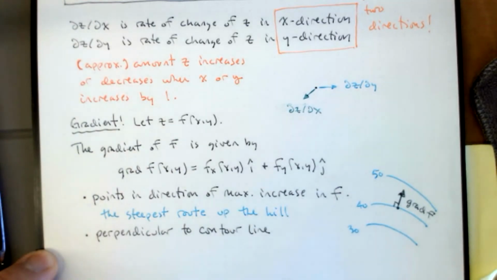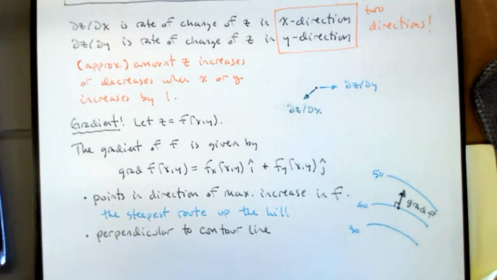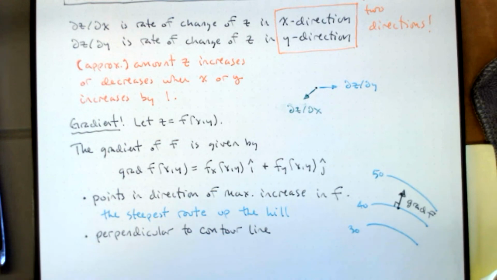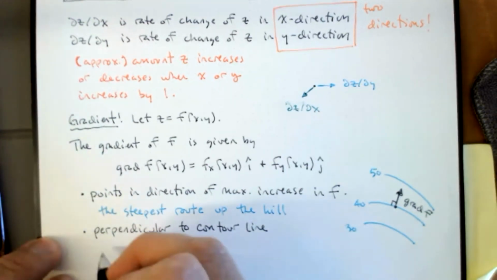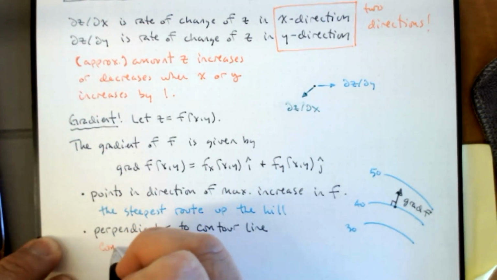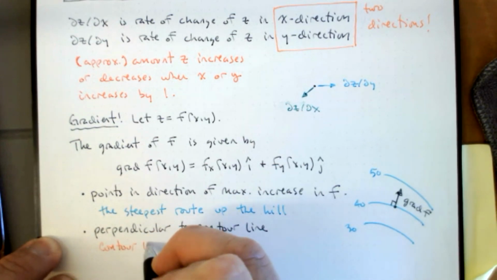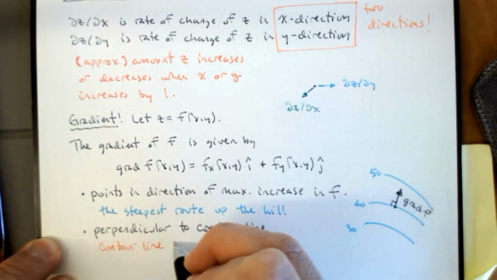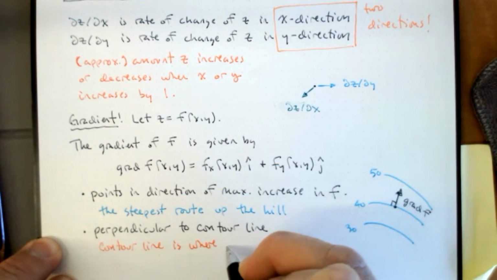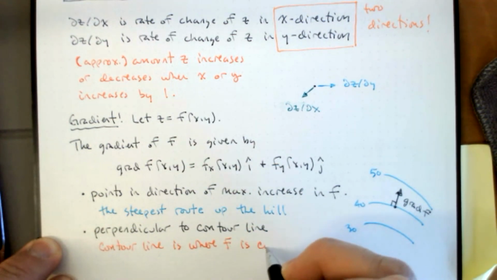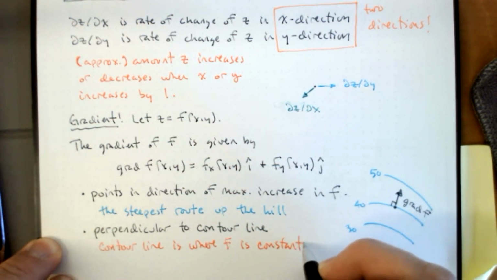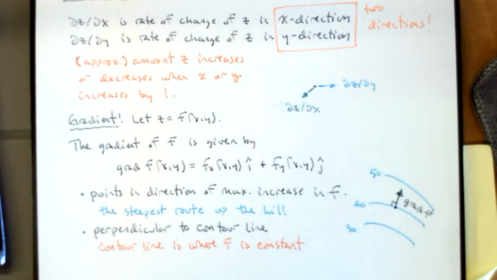This is perpendicular to the contour line. This makes perfect sense. The contour line is showing us where the function isn't changing. The contour line is where the function is constant. Every value of the function along this contour line of 40, the value of the function is equal to 40.